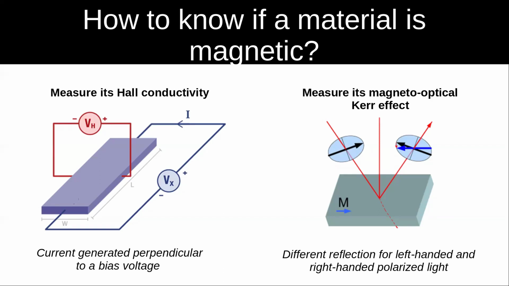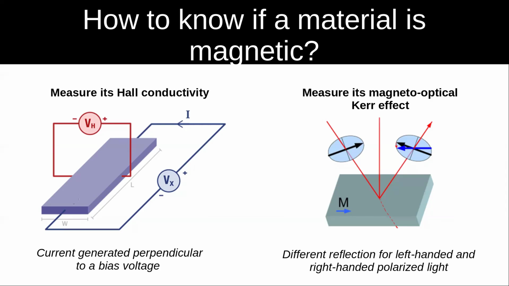So we need to use some other strategies, and the strategies essentially rely on measuring quantities that would change if you switch the direction of time, and in particular, quantities that are odd under time reversal symmetry. And there are two quantities that are odd under time reversal symmetry that are very useful to see the appearance of time reversal symmetry breaking in materials. One is the Hall conductivity.